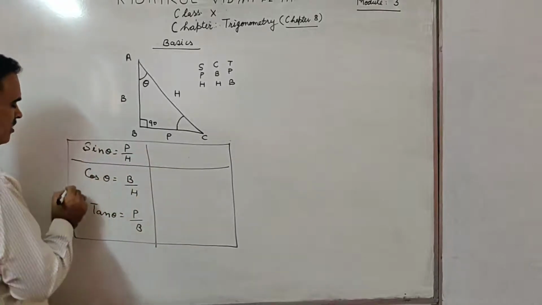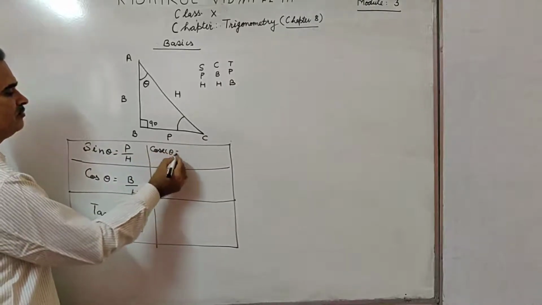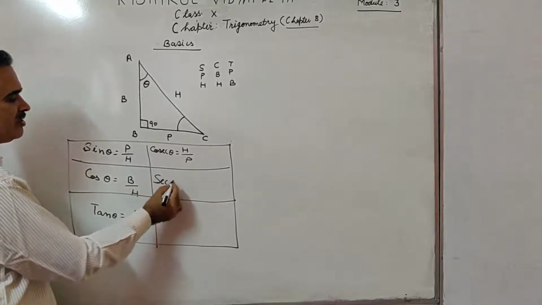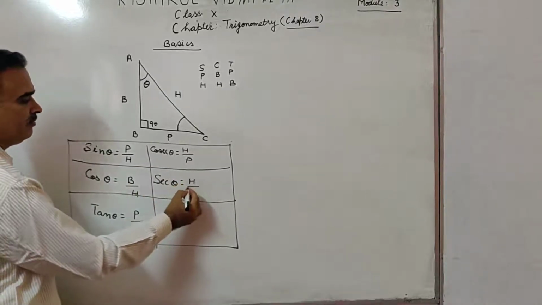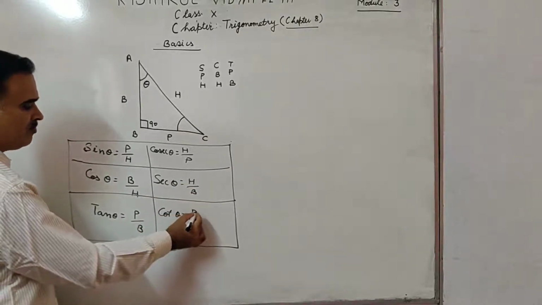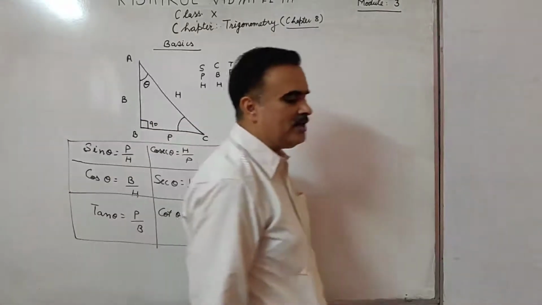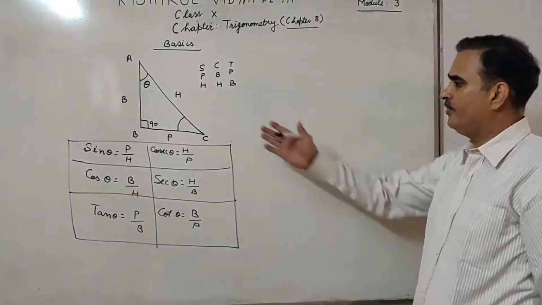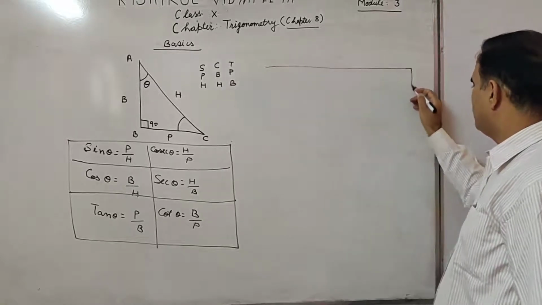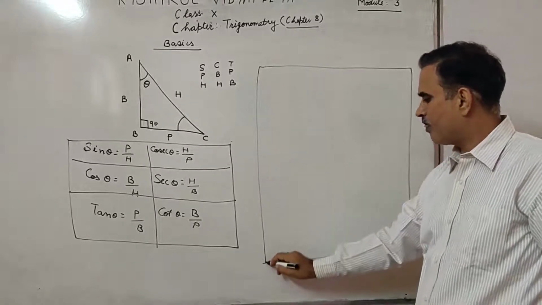The inverse of this, I told you, is cosec theta, H by P; sec theta, H by B; cot theta equal to B by P. So my dear students, this is very important knowledge. This is using a right triangle, and if we take this complete, it's a very good knowledge box. We will use this.